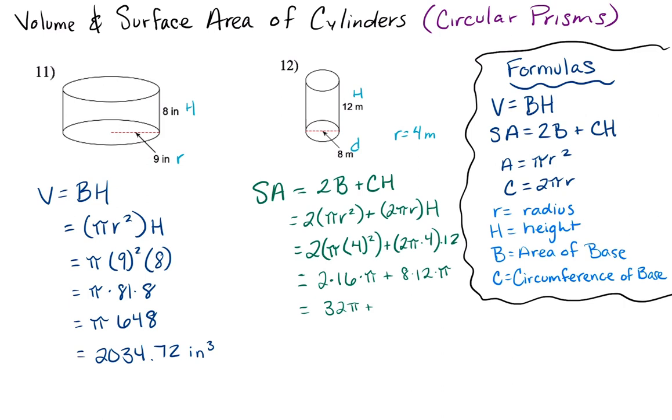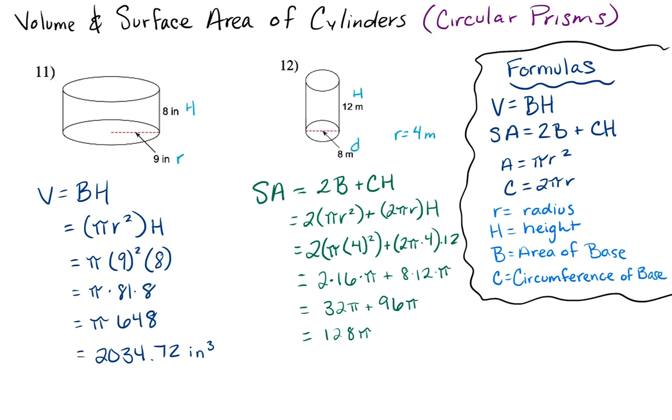And then 12 times 8 is 96 times pi. Since both of these have pi in common, we can think of these as like terms. So we can add these together. 32 plus 96 is 128 times pi.